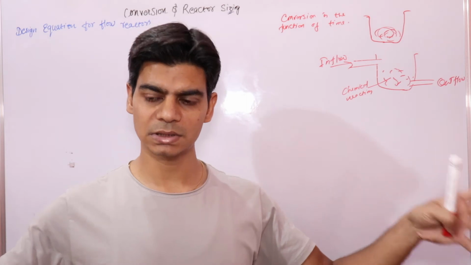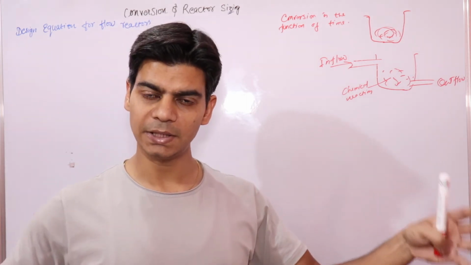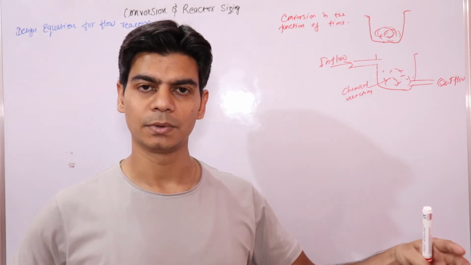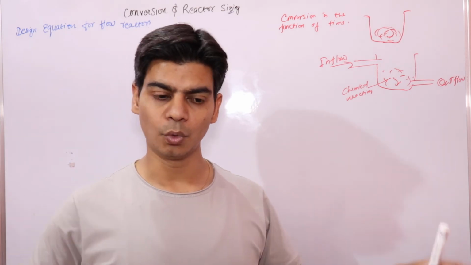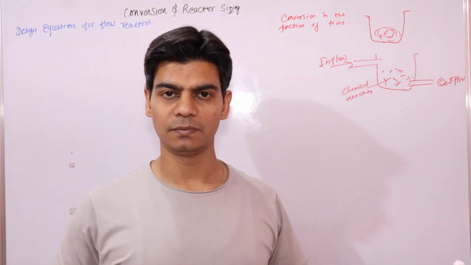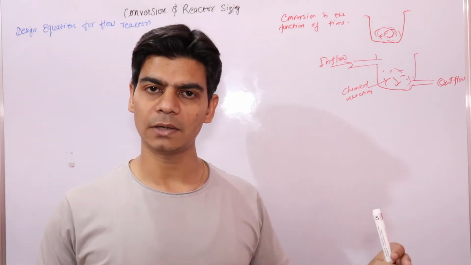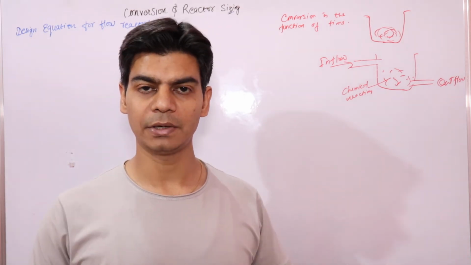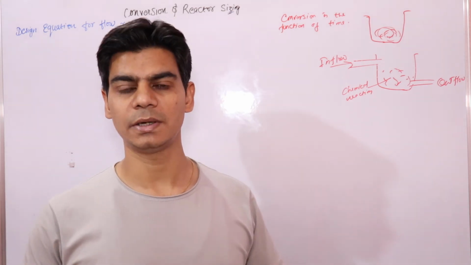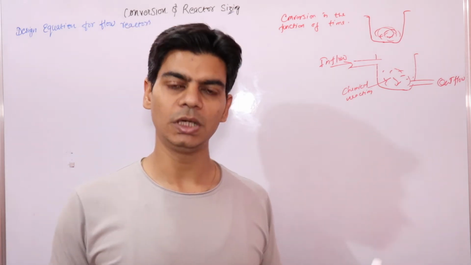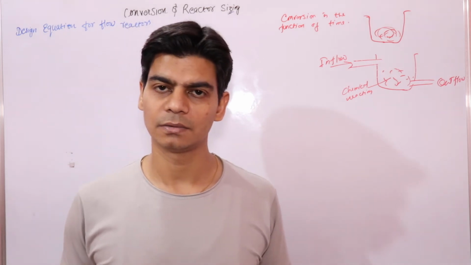Suppose I have a reactor of this much length, then these reactants will take more time to flow out of this reactor. That is, they have more time to be in contact with one another. If they are in contact for a longer period of time, then they will react more, and the conversion rate would be high. So here the only way to increase the conversion rate is to increase the size of the reactor.